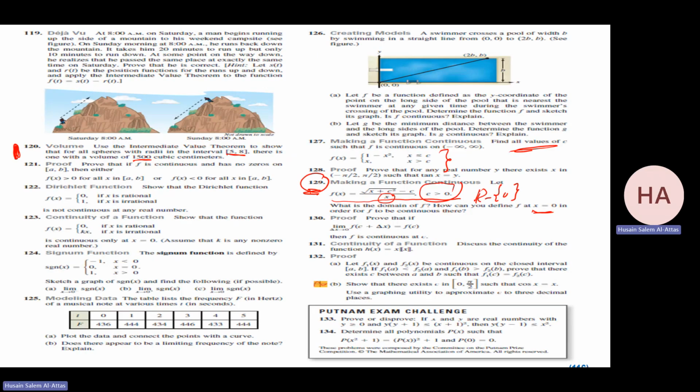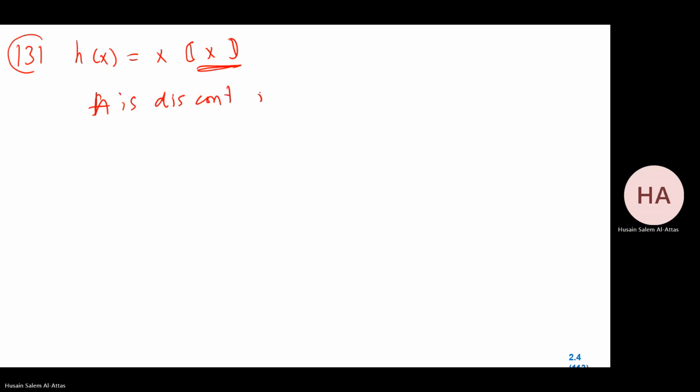I will do 131: discuss the continuity of this function, which was in one of the exams. 131. This is the function. I know from this, h is discontinuous if x is an integer.